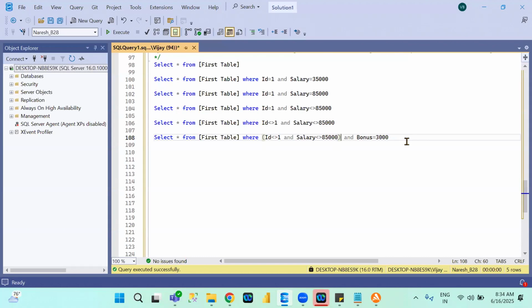Otherwise, I told you, first it would verify two or three conditions, then the first condition, or else the first and second conditions, then the third condition. Like that, every time it changes. But if you are inside the open bracket and close bracket, whatever conditions are inside, those it will verify first. And after that, the one outside of the bracket. Understand, clear or not? Any doubts in this one? Is that clear or not? Next one. What is the next one?